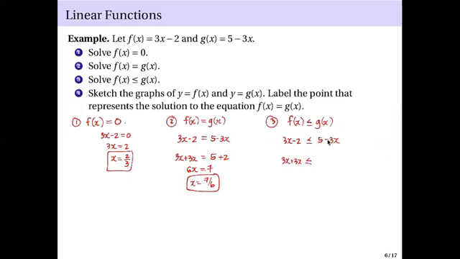And then you now have on the right-hand side 5 plus 2. So here we have 6x less than or equal to 7. And if we divide everything here by 6, since 6 is positive, the inequality will not change. So we'll just have x less than or equal to 7 over 6.